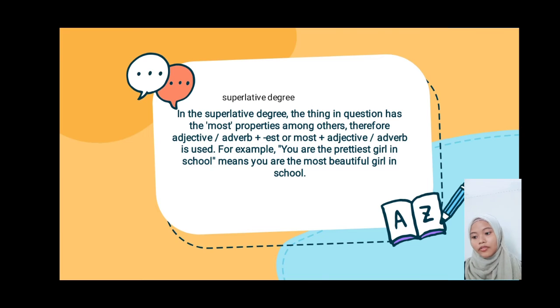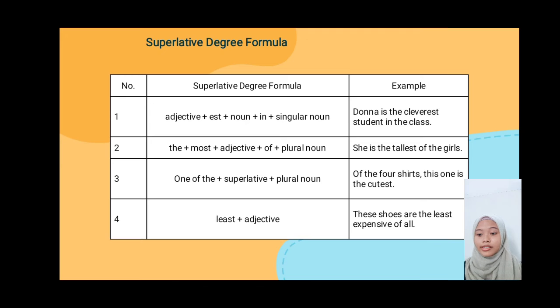The next slide is about the superlative degree formula. For 1, the plus adjective plus est plus in plus singular noun. Example, Donna is the cleverest student in the class. For number 2, the plus most plus adjective plus of plus plural noun.